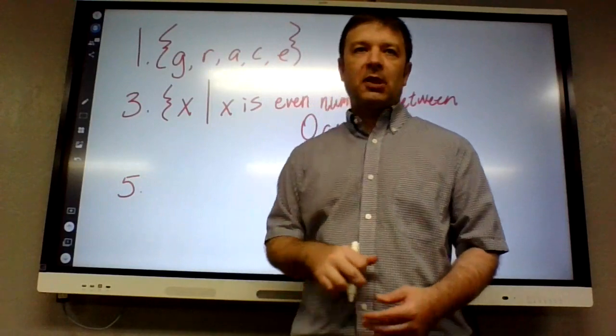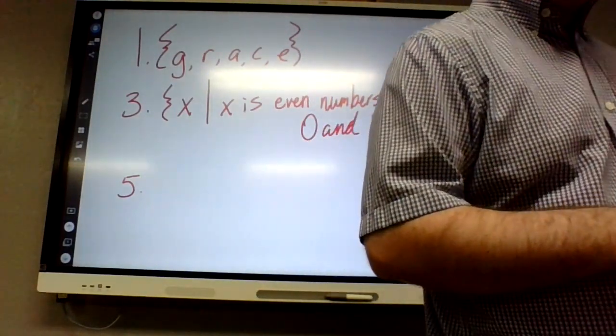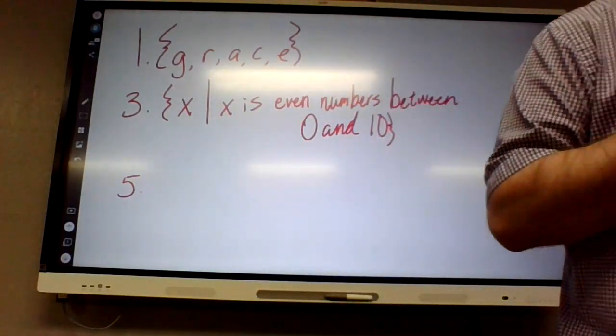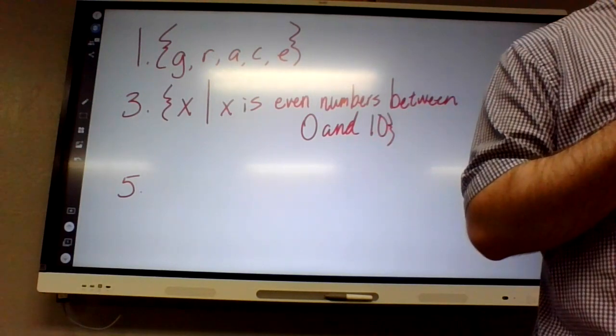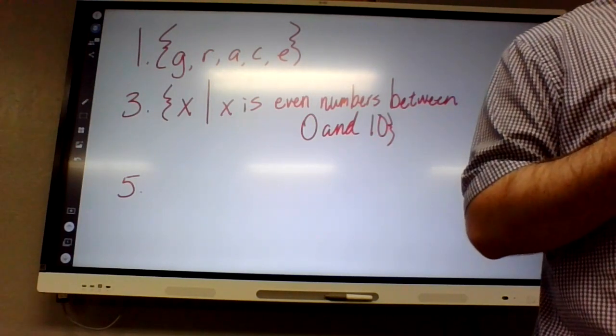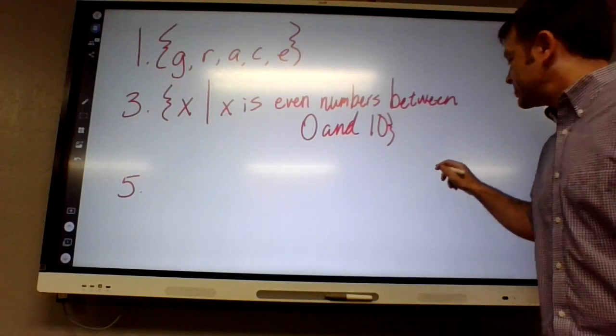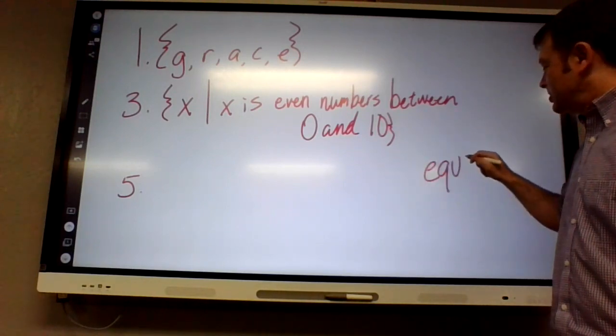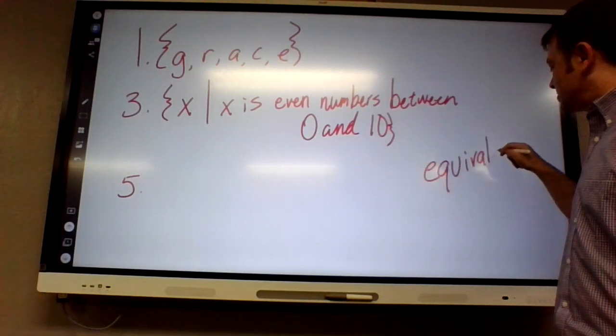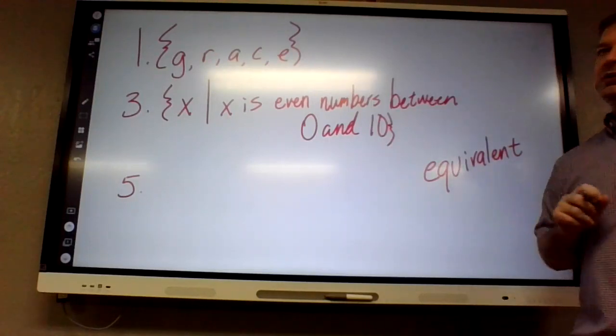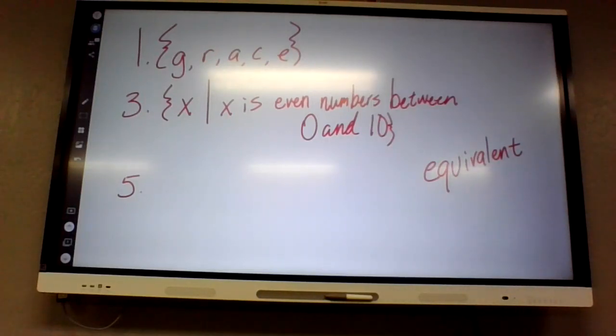What is this? Number 5. Oh, darn, I forgot that definition. Okay, equivalent. All it means is that each set has the same number of elements. If two sets have the same number of elements, they are equivalent.